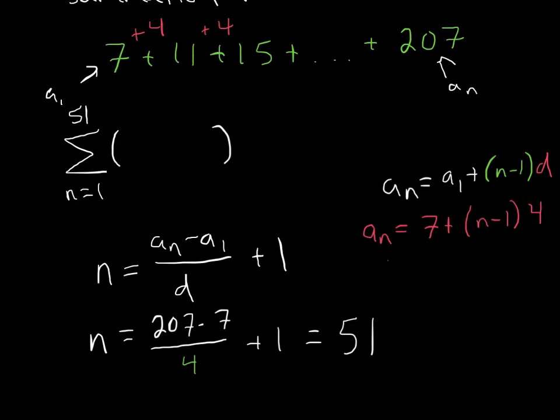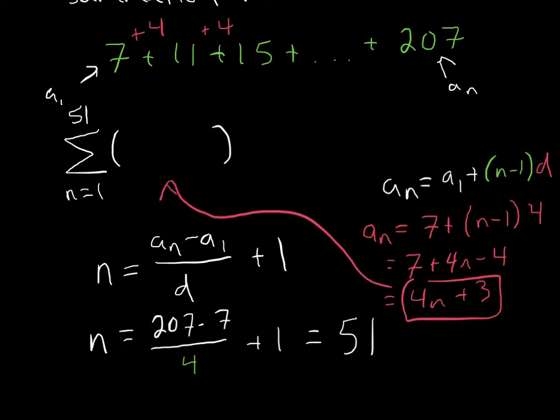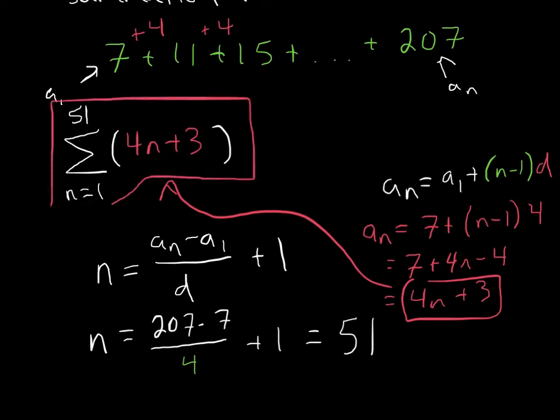We distribute the 4, we get 4n minus 4, and so our explicit formula will be 4n plus 3. So this is going to go up here into our summation notation, 4n plus 3. And so there is the summation notation of that series.